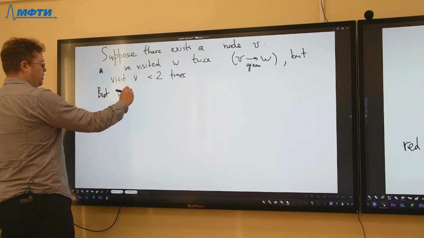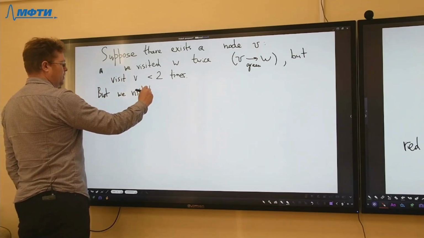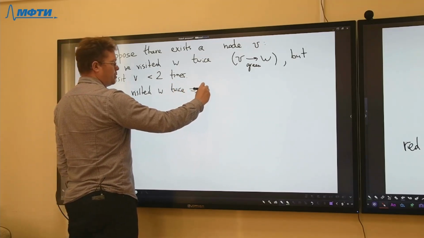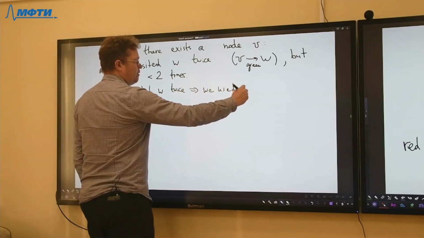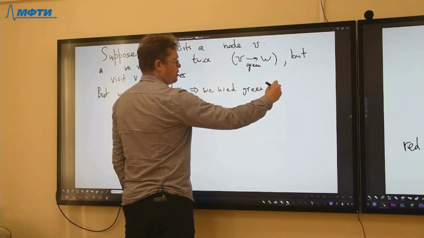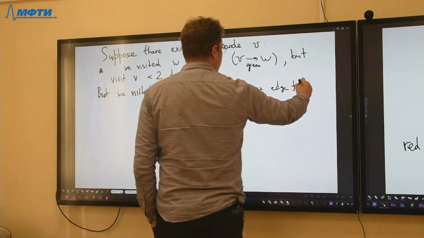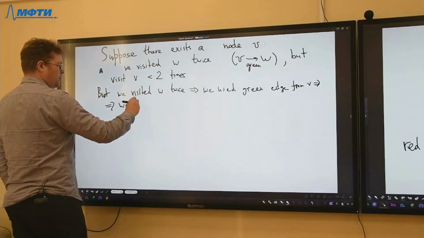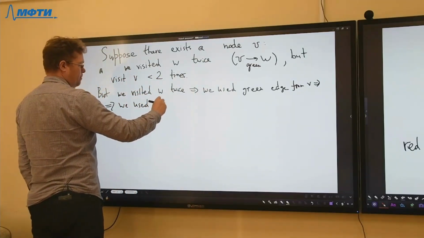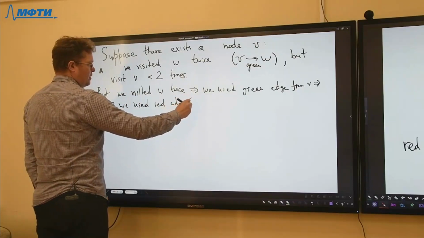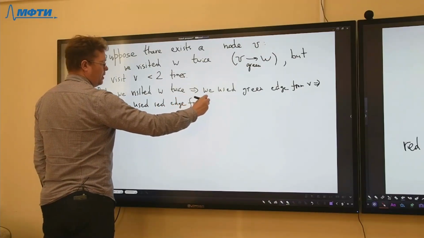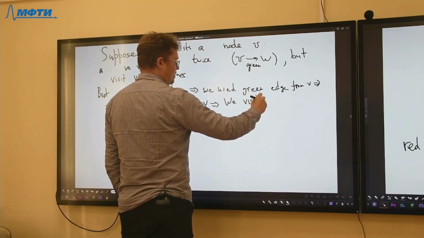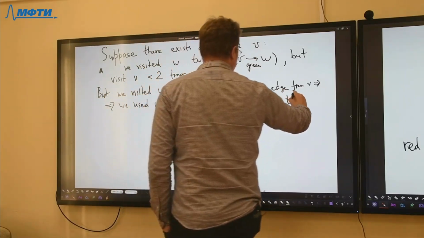But we visited W twice, which means we used the green edge from V, which means that we already used the red edge from V. This means that we visited V twice.